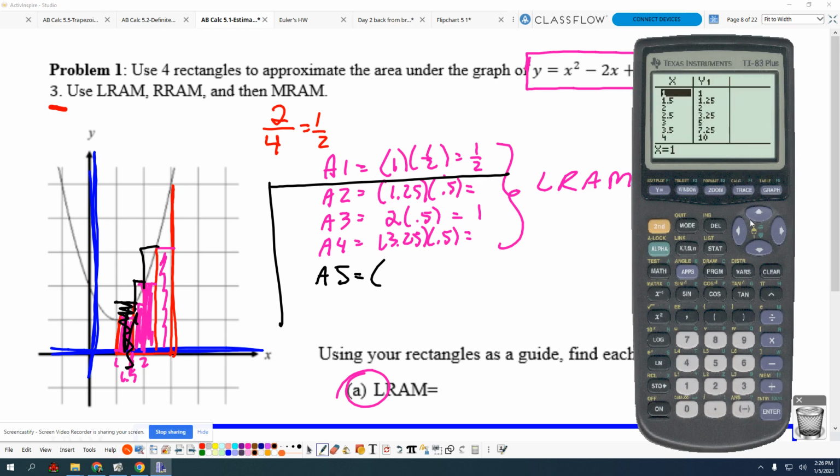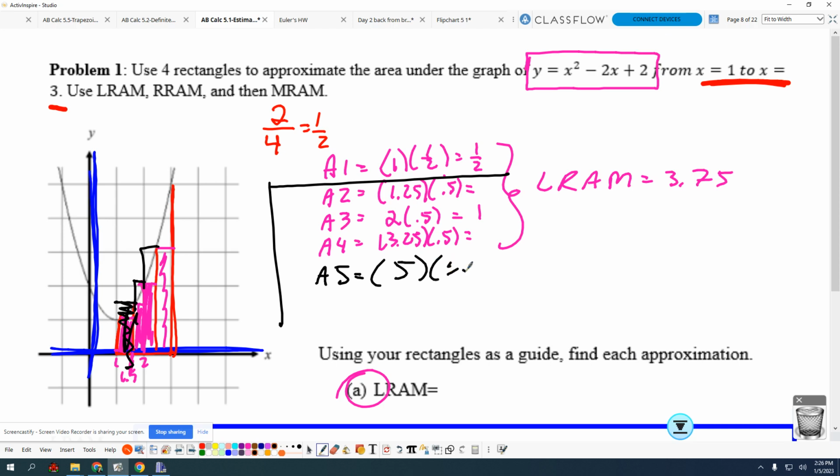The height at 3 was 5 times a half. Sorry, that's wrong. So using RRAM, I would add up those 4, ignore the first one, and create a new last one. 5.75 is what is there too.